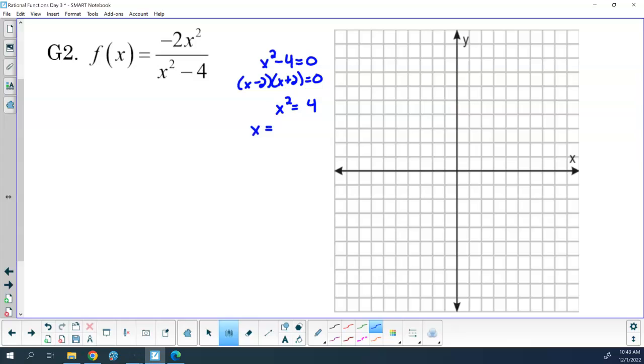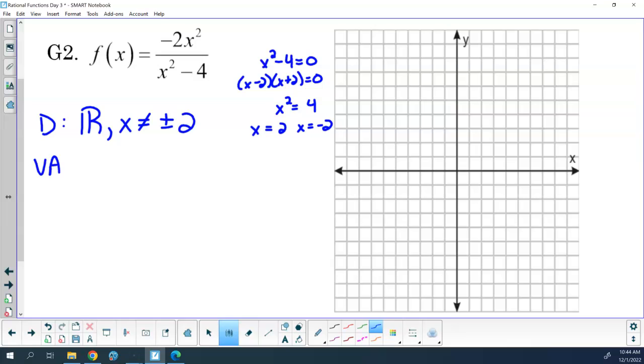Either way, I get x equals 2 and x equals -2. You forgot the plus or minus. So my domain is all real numbers, but x cannot be plus or minus 2.